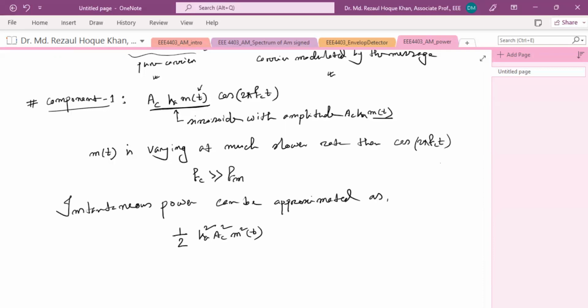We assume this is the amplitude of the carrier signal, but m(t) itself is a time varying signal whose rate is much smaller than the carrier. Because of this, we can approximate the instantaneous power in this way.